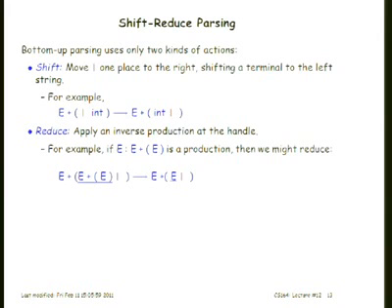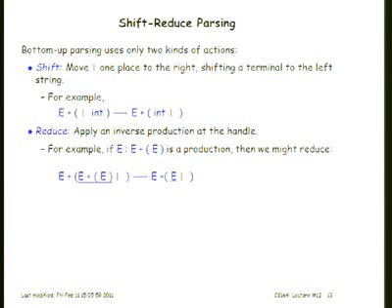So this gives us shift-reduce parsing, in which there are two possible operations. At any given stage, I can say my handle marker, my red bar in this example, is not to the right of a handle yet. I need some more symbols before I have any reductions that I want to do.